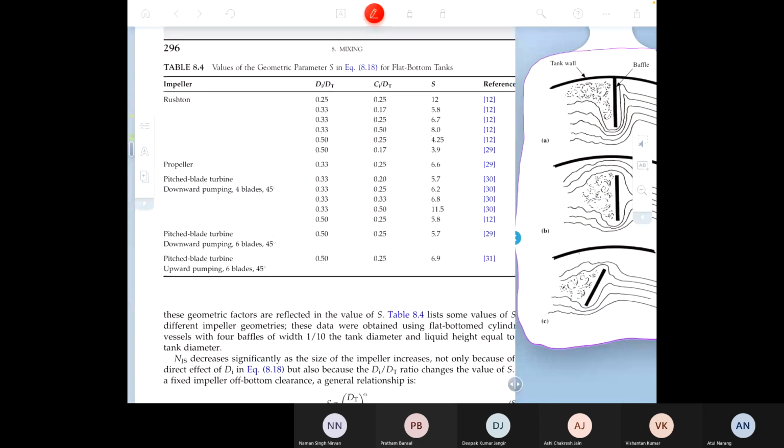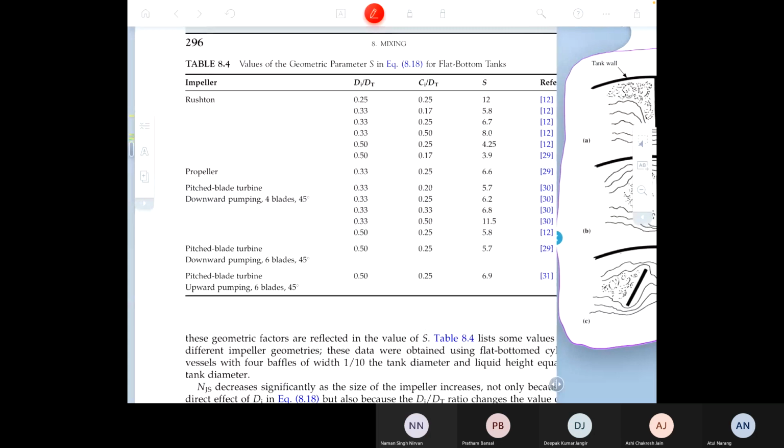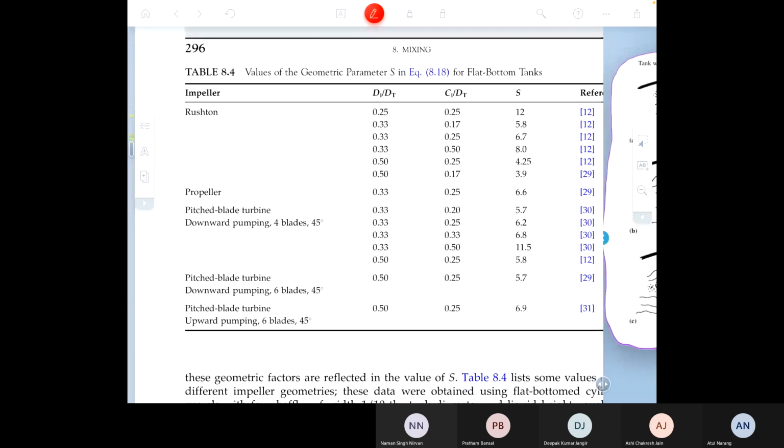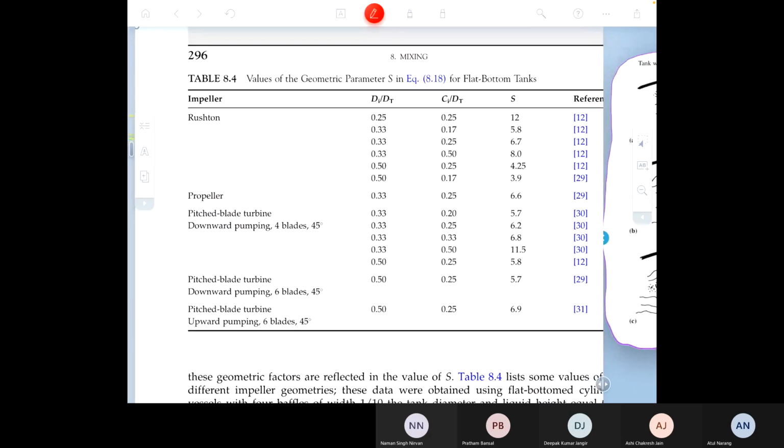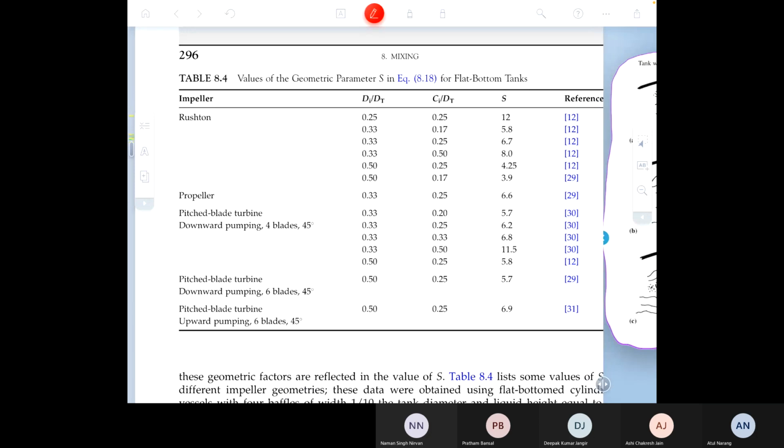So you can see that you have impeller type. I'm looking at the rows of this table; it is giving you impeller type. Given the impeller type, given di over dt, and given Ci over dt, you can calculate the value of S. This is a dimensionless number.